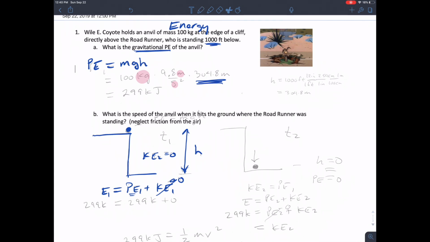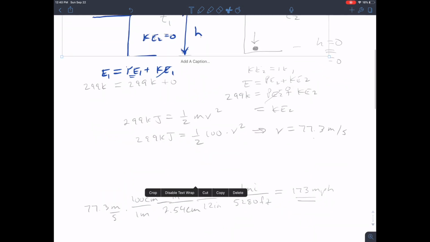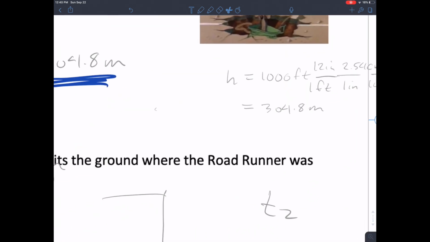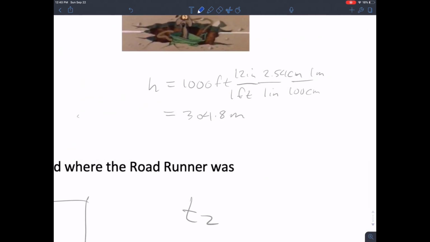Okay, so I have that one done as well, so let me zoom in on that. All right, so what we know is if we have a height of 1,000 feet, we need to convert that into meters. Okay, so I'm thinking, I know my conversion factors.